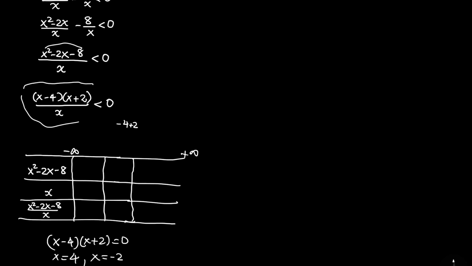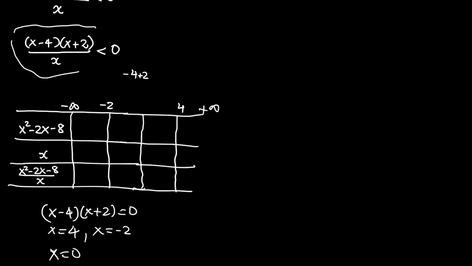I have minus 2, and I have 4. I left a space because I knew that from the one on the bottom, I have x equal to 0. So x equal to 0 is the root of the expression at the bottom. I have to put them in order. First is minus 2, then 0, then 4.